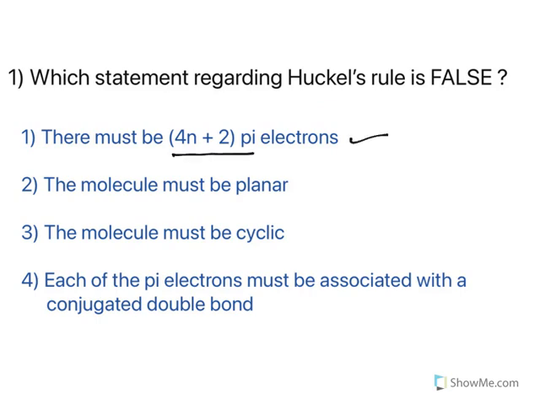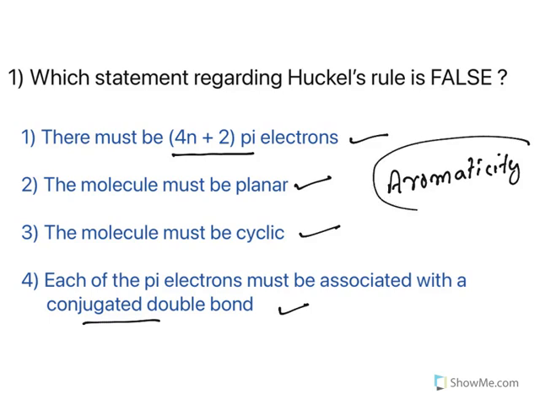The molecule must be planar or flat. The molecule must be cyclic. Each of the pi electrons must be associated with a conjugated double bond. All these rules must be followed in order for a compound to be aromatic. If a ring has all these properties, it will show aromaticity. But the question is not about aromaticity, it is about Huckel's rule.